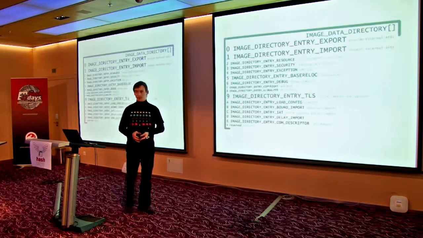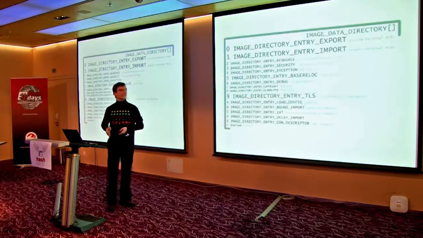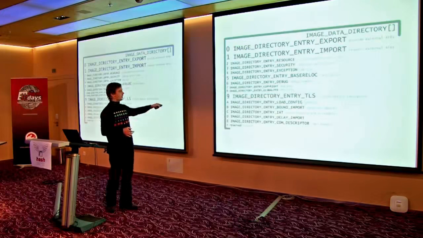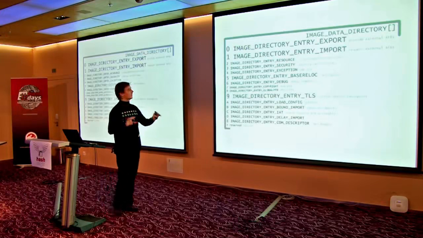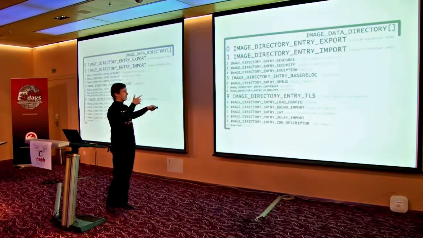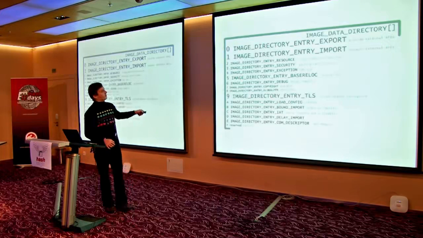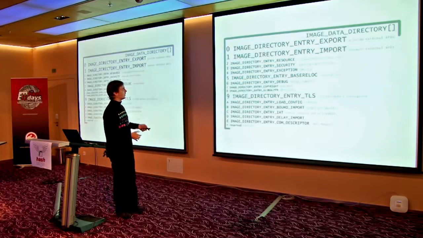Now the data directories. The elements of the data directory are all completely different. First, you have the export and the imports. They provide communication between the executables and DLLs. Then resource, the second one if you count this way, is what will provide resources like icons, manifest, version information.